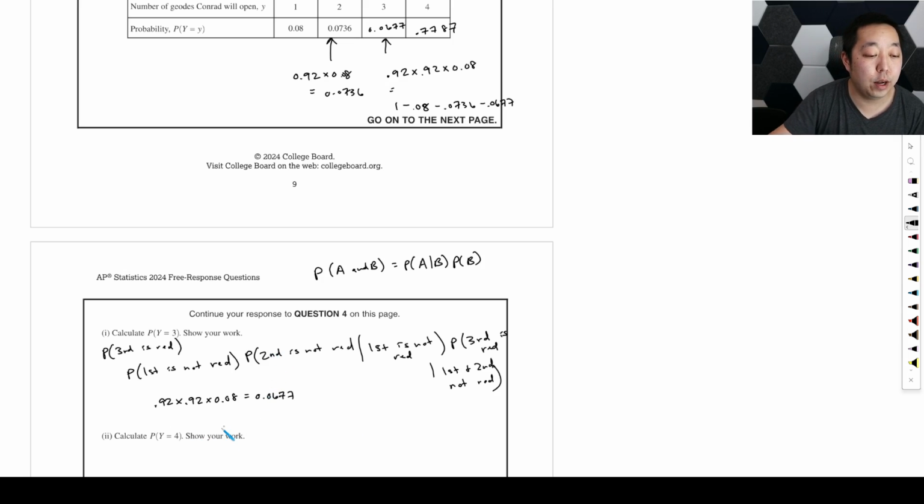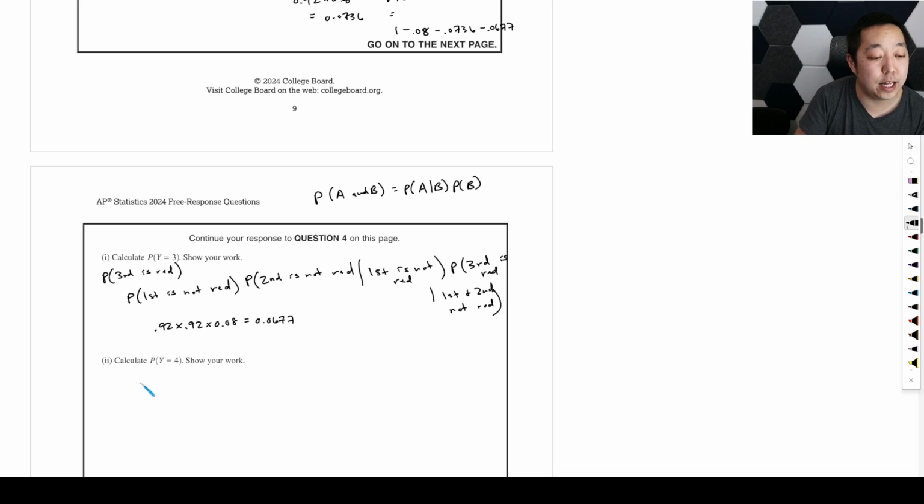Okay, probability y equals 4, and show your work here. The total probability, the probability of y equals 1 plus the probability that y equals 2 plus the probability of y equals 3, because he's never going to open more than 4, plus the probability of y equals 4 is equal to 1.